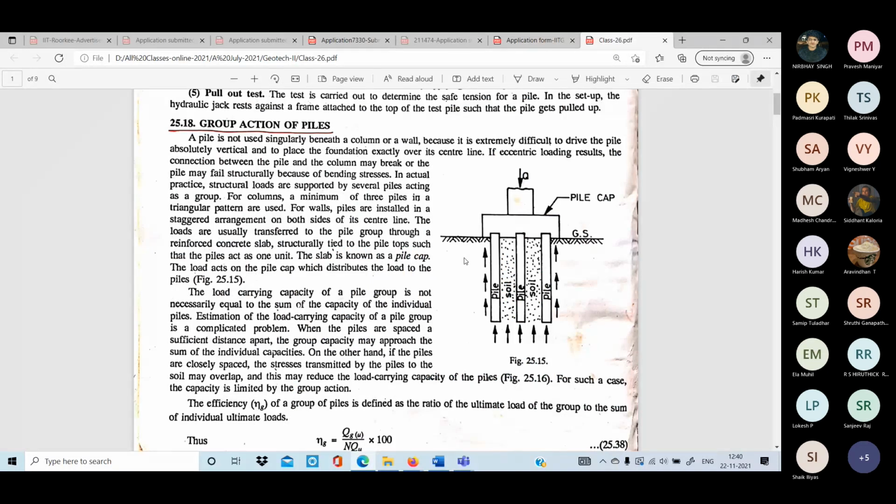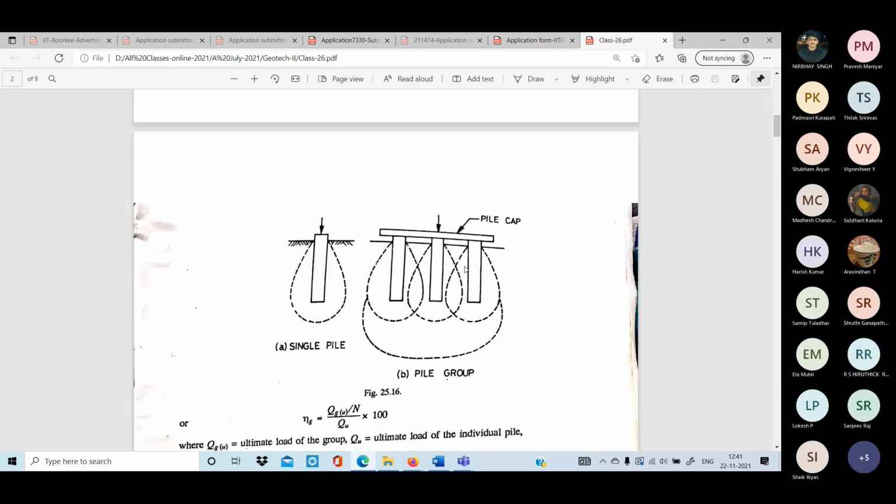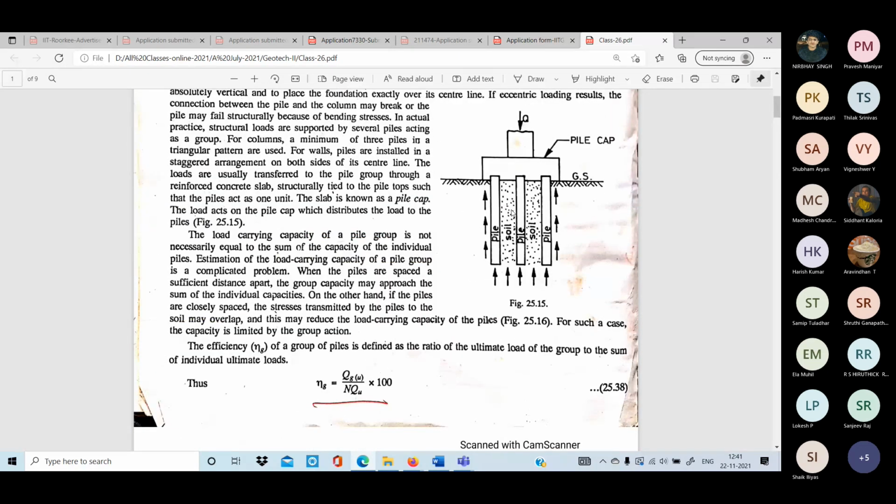Can we add the individual piles and say that this is the group capacity? It depends on the spacing of the piles. That means we have piles, so these piles' spacing would be there. Generally 2 to 3 times the diameter spacing we provide. I'm audible, right? Yes, sir, I'm audible, but not much response from your side.